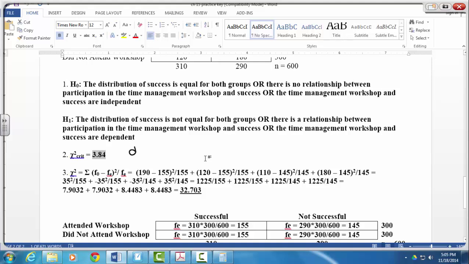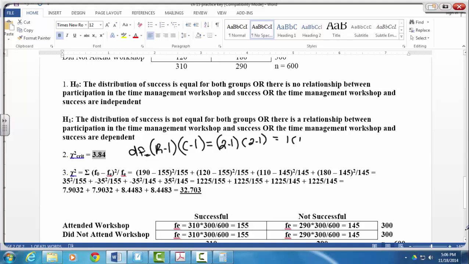So our degrees of freedom is equal to R minus 1 times C minus 1. How many rows do we have? 2 rows. So 2 minus 1. How many columns do we have? 2 columns, right? Successful, not successful.